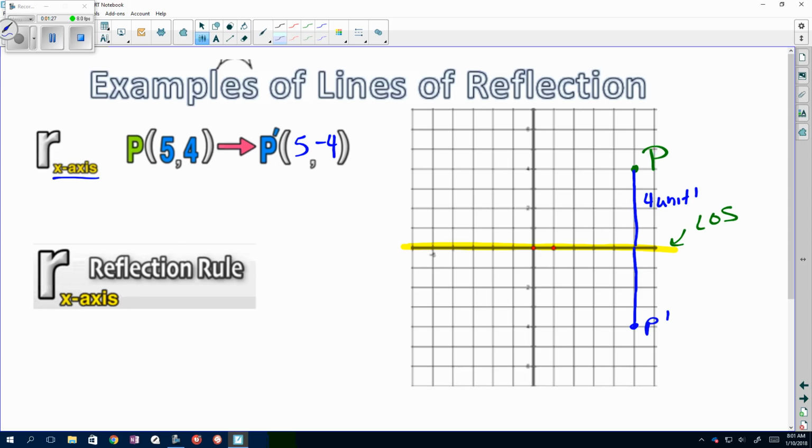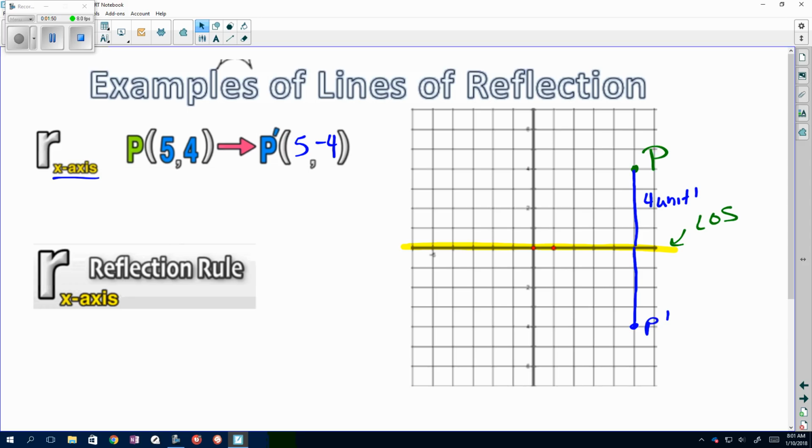I want you to notice something on this example, which helps you identify and use the rule. The rule is what you need to maintain and be able to memorize and apply, because we're really going to get into composite transformations, and we're just using this as review of what you've done in the past in middle school or elementary school.